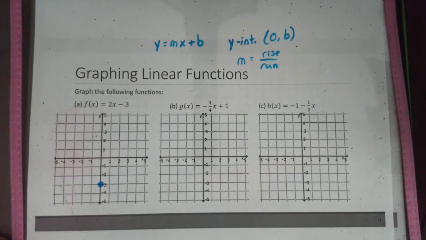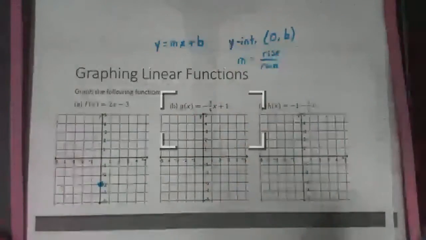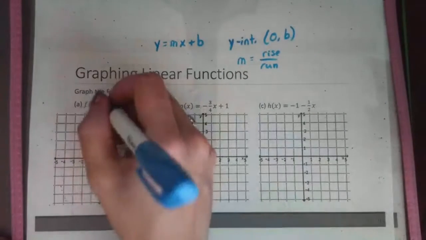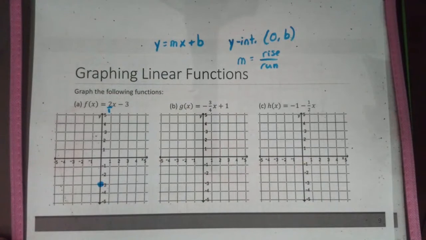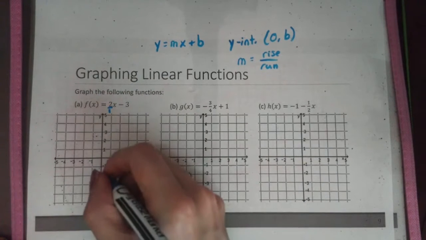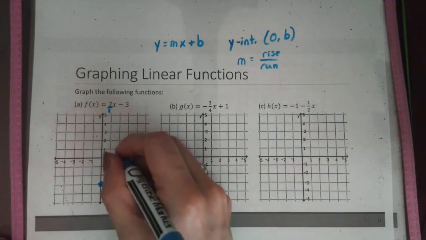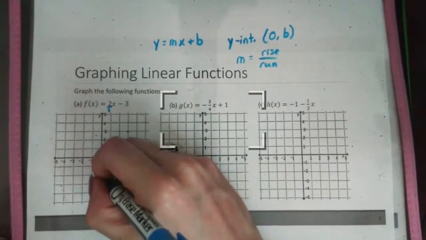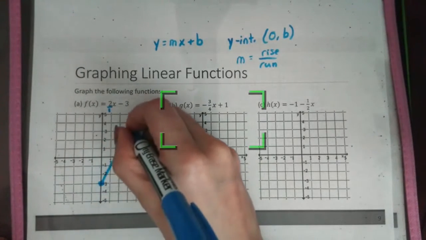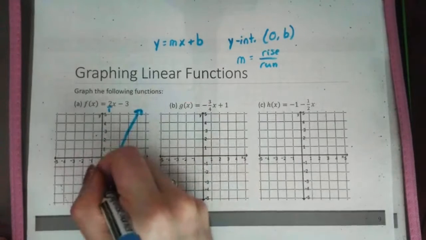From there, we're going to use our slope as rise over run. Since that 2 isn't written as a fraction, I'm going to write it as 2 over 1. That way I can see that I can rise 2 and go over 1. So up 2 to the right 1, up 2 to the right 1, up 2 to the right 1. And that's given me a really good look at what my line's going to be.